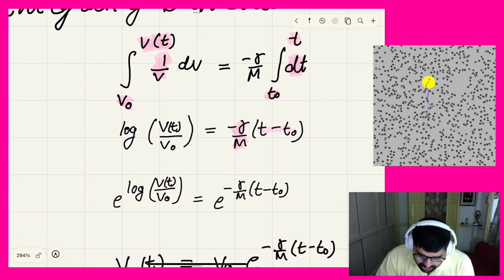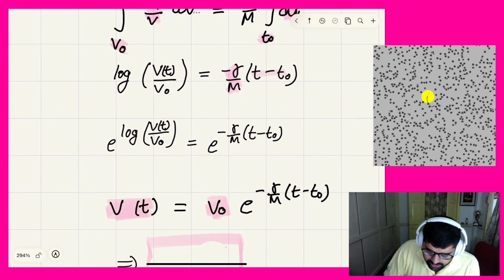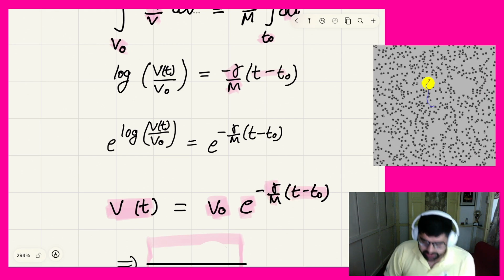Now we exponentiate both sides and get the expression v of t is equal to v naught e raised to the power minus gamma by m (t minus t0).